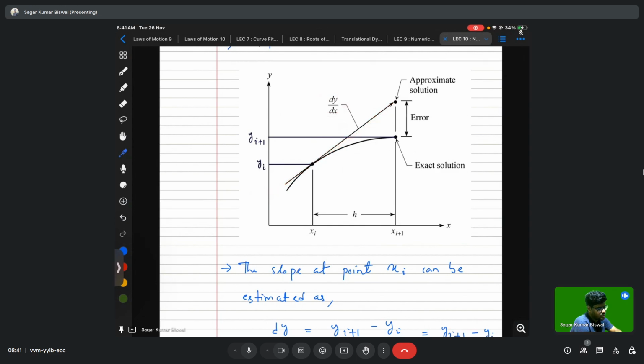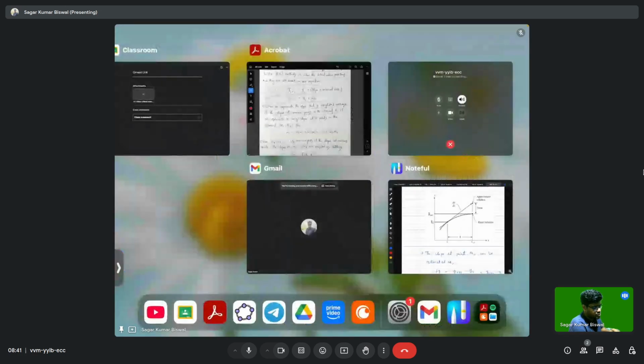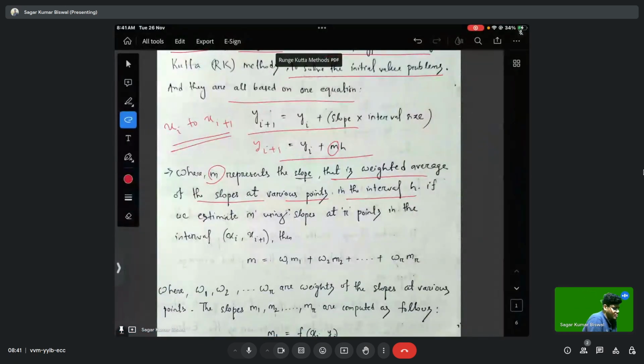So that is why there is a large error in the Euler method. But if you take more than one slope inside the interval, you will get a more accurate function that represents the exact solution, and the error will be less. So the Runge-Kutta methods are based on taking more than one slope in the interval h.